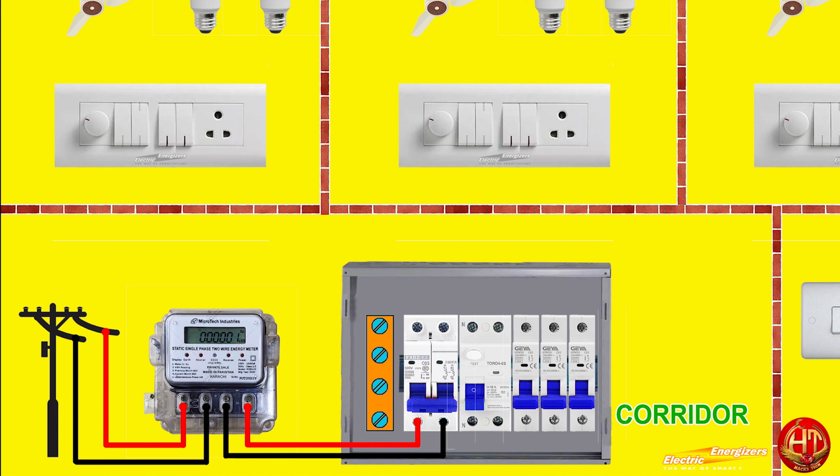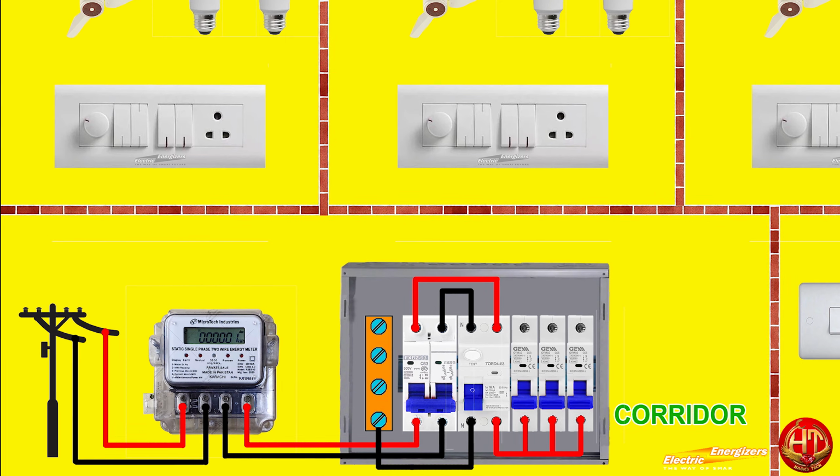Then we connect the neutral outgoing of the MCB with the first incoming of the RCCB and the phase outgoing of the MCB with the second incoming terminal of the RCCB. After that we connect the first neutral outgoing of the RCCB with the bus bar and the second phase outgoing of the RCCB with all bottom incoming terminals of the single pole MCBs.